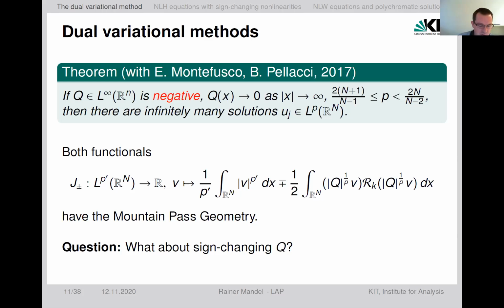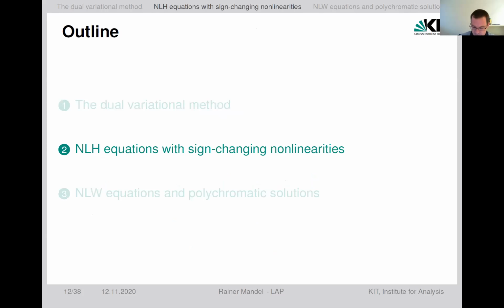And that's now the point where I go to the second part of my presentation, where I want to talk about our recent results in this direction. So we are interested in a dual variational method for power type nonlinearities in the nonlinear Helmholtz equation, where the coefficient changes sign.